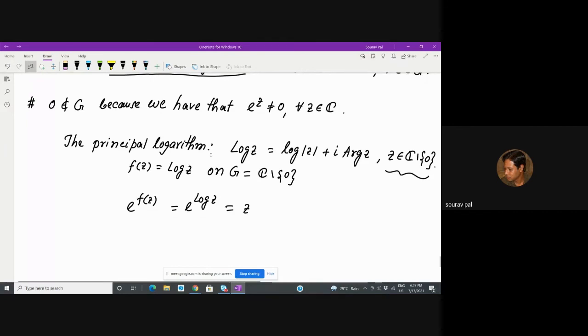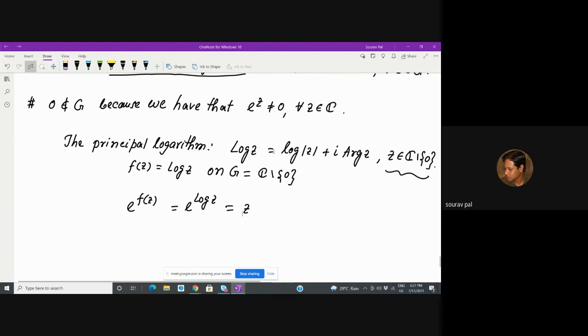So if you want to make this principal logarithm a branch of logarithm, the way we have defined branch, what we have to do is remove that closed ray from the complex plane. If we remove the negative x-axis from the complex plane, then this argument is a continuous function, and this guy is already a continuous function, no doubt about this. Then everything will be fine.